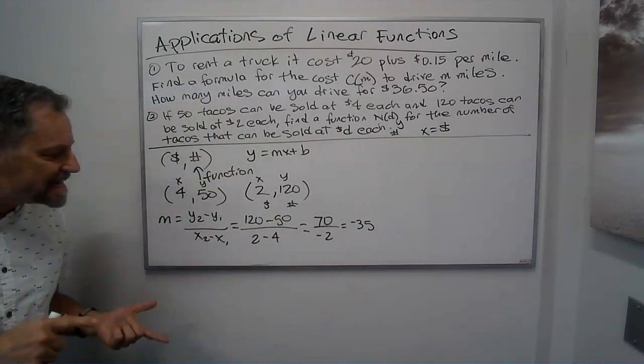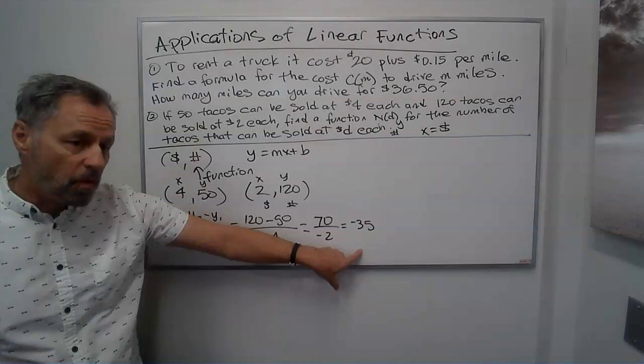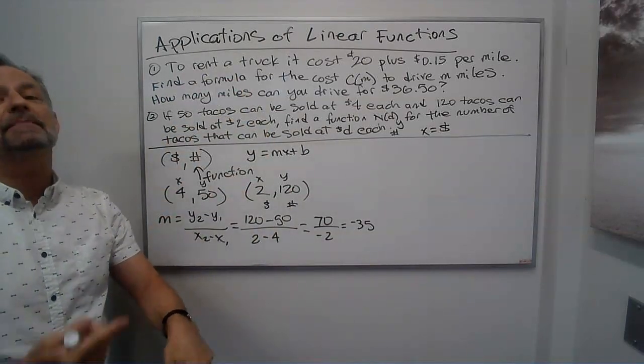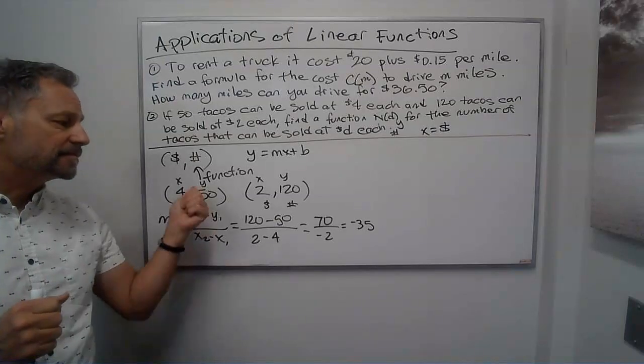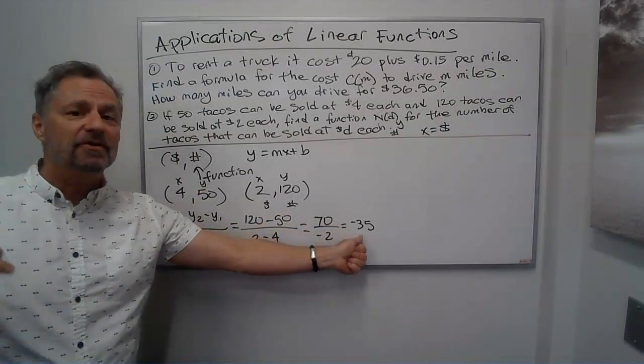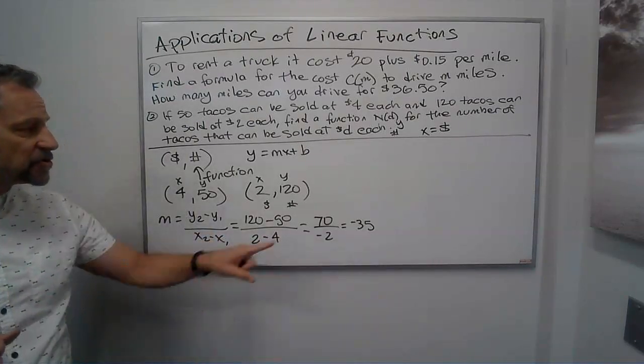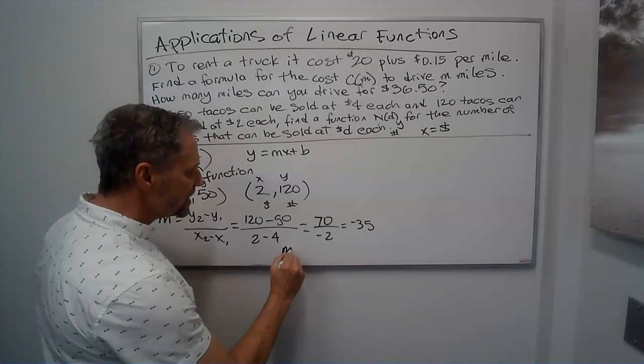What does that mean? Well, it's negative 35 over 1, which means I sell 35 fewer tacos every time the price goes up by 1. So my number of tacos goes down at a more expensive price. So that's my slope. I have M equals negative 35.